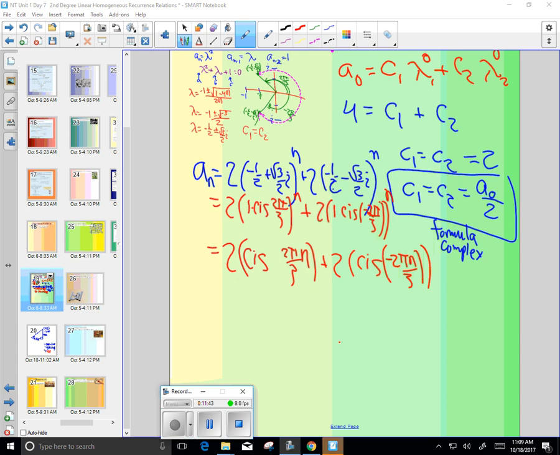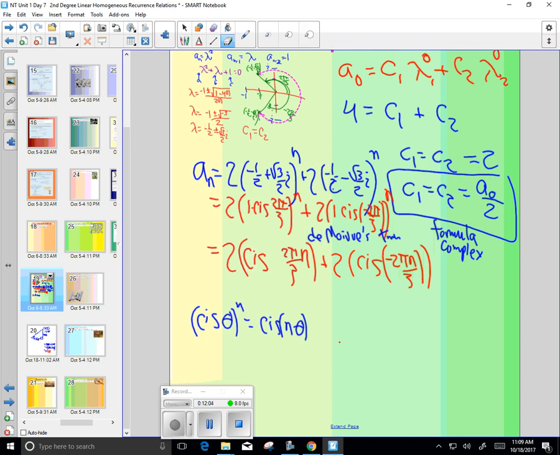So now that's de Moivre's theorem, and I'm just going to throw that in there. You folks remember that probably. Cis theta to the n is equal to cis n theta. It's just a little property that we proved back in HL2. Not done yet.